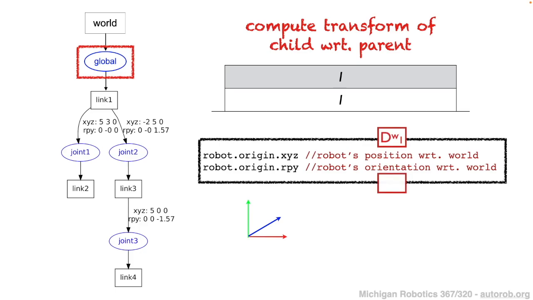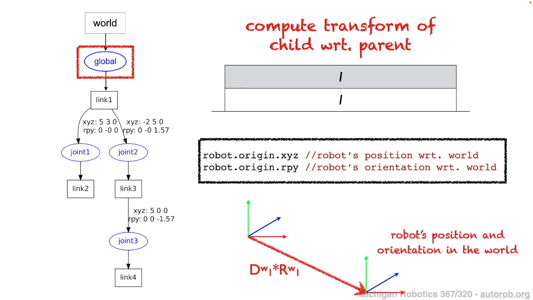And so for this, we can use the properties within our robot object in order to construct the transformation for the robot origin with respect to the world origin. First we're going to compute the translation for the robot's position with respect to the world based on the XYZ property of the robot origin. We're also going to compute the rotation matrix for the robot's orientation with respect to the world based on the origin RPY property.